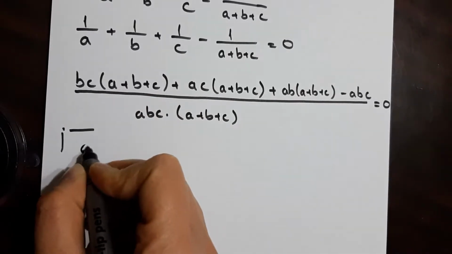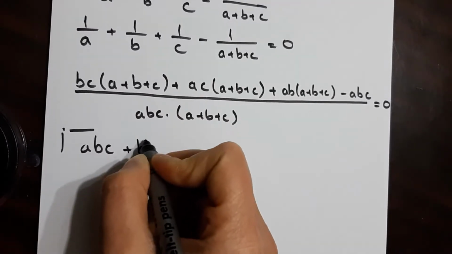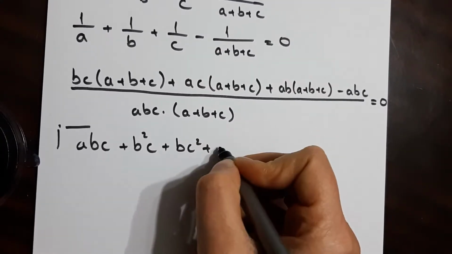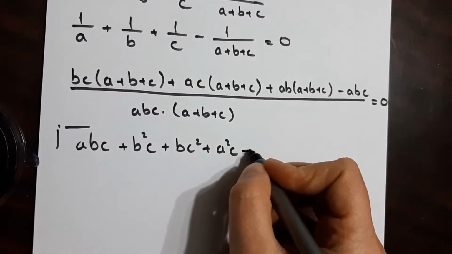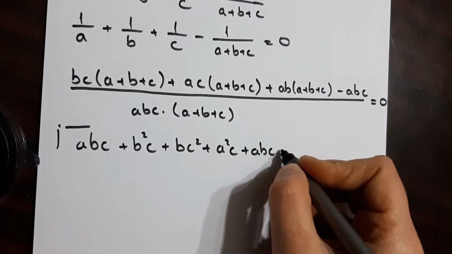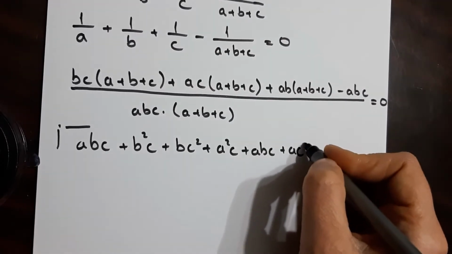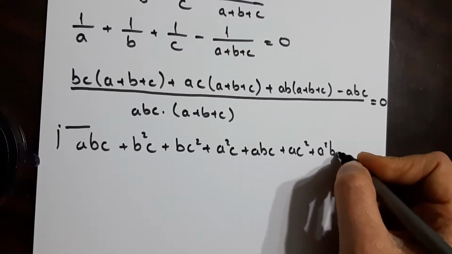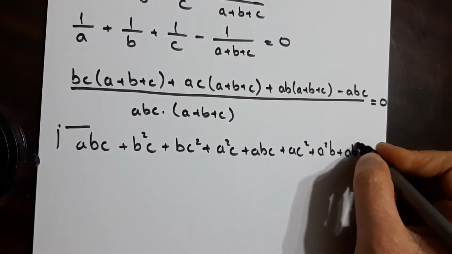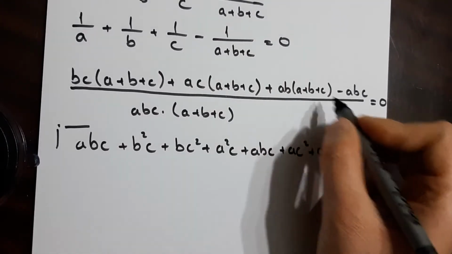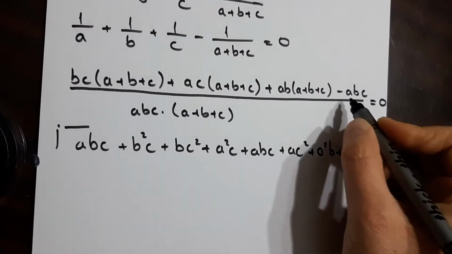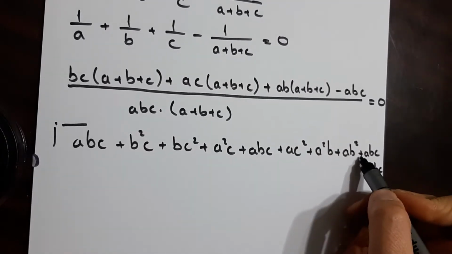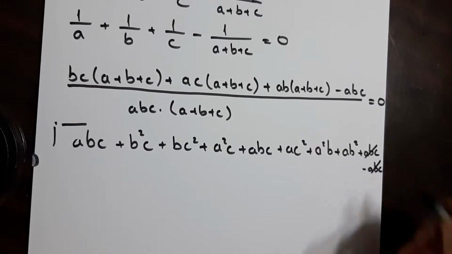I will get here abc plus b square c plus bc square plus a square c plus abc plus ac square plus a square b plus ab square and plus abc and minus abc I have here. I didn't have a place to write. So plus abc minus abc will go from here.